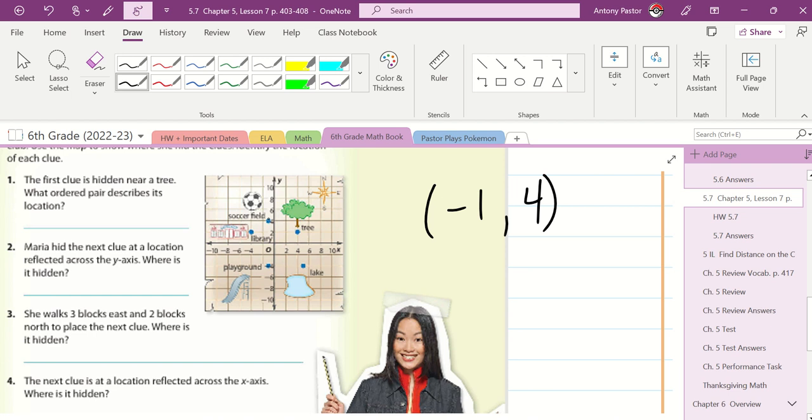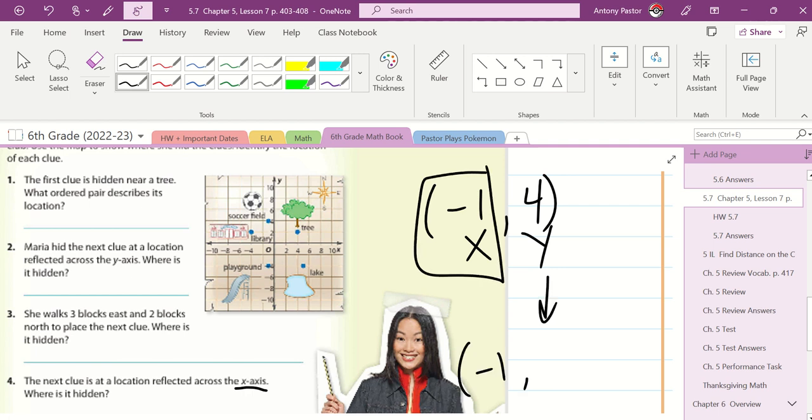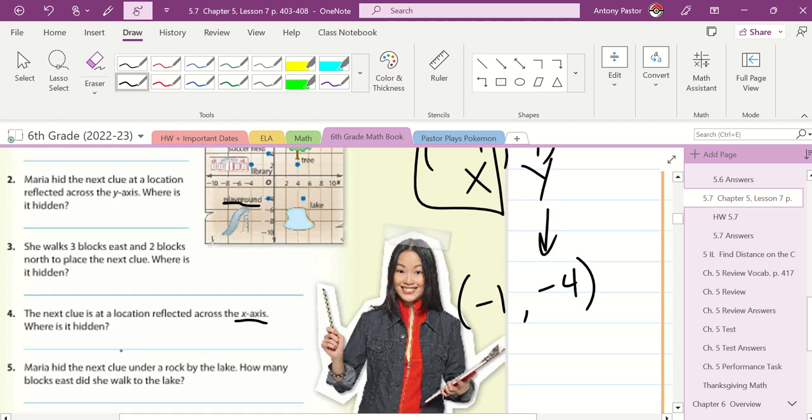So instead of 2, we're at 4. So it's negative 1, 4. This is our x. This is our y. It is reflected across the x-axis, meaning x will stay the same, y will change. So it'll be negative 1, negative 4. Negative 1, negative 4 will get us to the playground. So our next clue for number 4 is hidden at the playground.